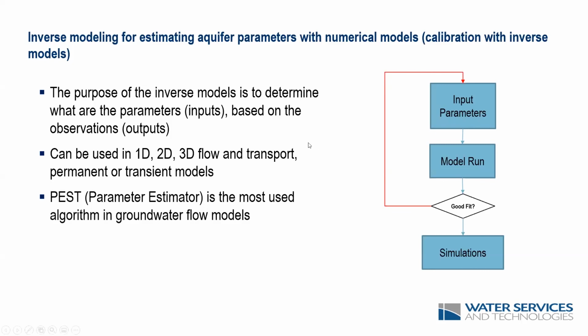So in this inverse modeling approach, essentially, we try to get the best fit possible between the drawdown curves by adjusting the input parameters. So that's the cycle that we follow here, trying to get this best fit.